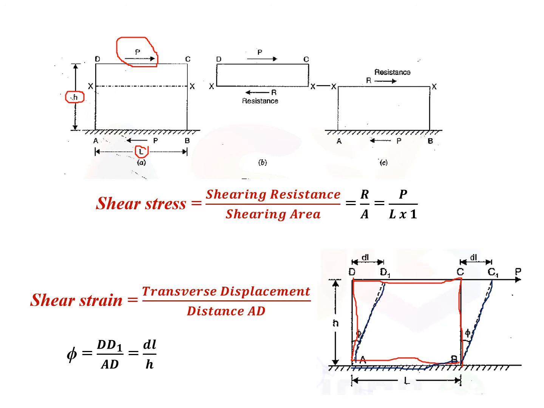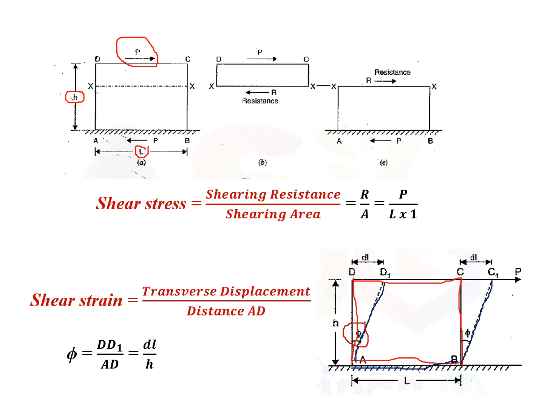That is, there is some angular distortion, and that is what is termed shear strain. Shear strain is equal to transverse displacement divided by distance. Let us see from this figure: when phi is very small, tan phi is equal to phi.